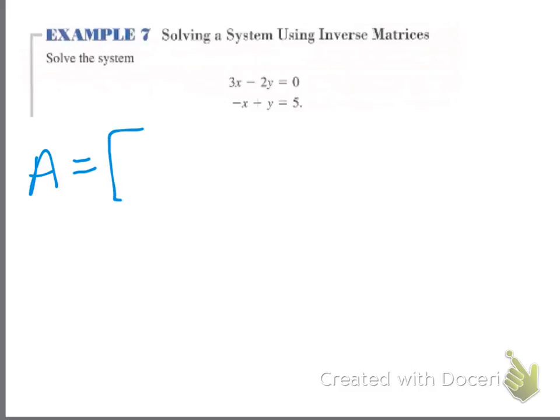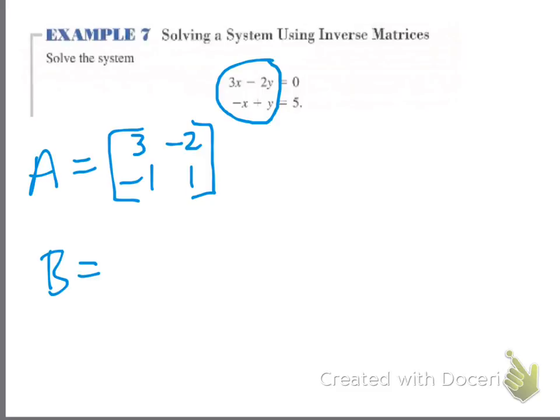A is the coefficients of the left side. And the numbers go in just like you would think they would, just like they look. Okay? And then matrix B is whatever's on the right side. So 0, 5.